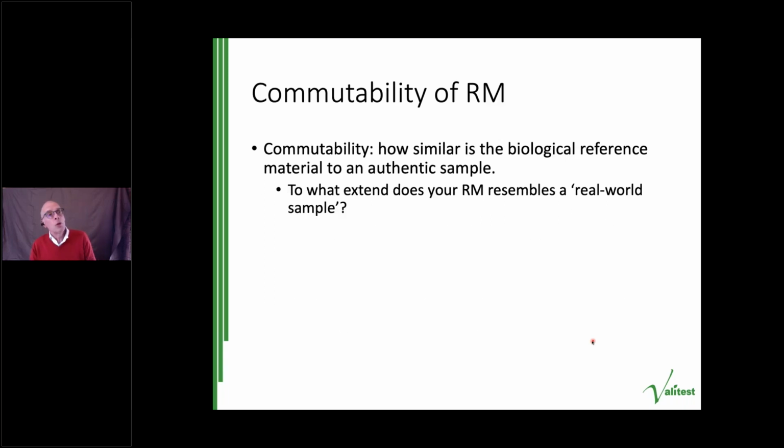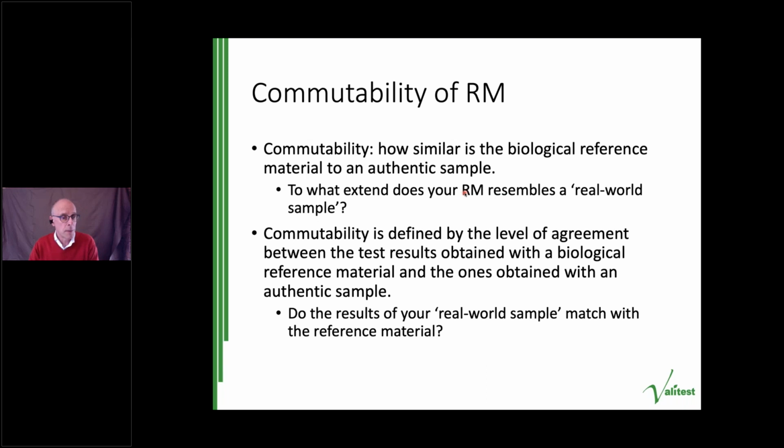Okay, commutability. That's a difficult term, which often creates quite a little bit of confusion, but a very simple definition is that commutability describes how similar your biological reference material is to an authentic sample. In other words, to what extent does your reference material resemble a real-world sample, right?